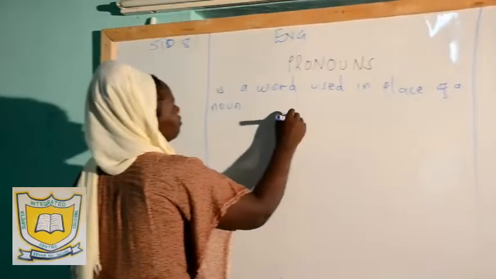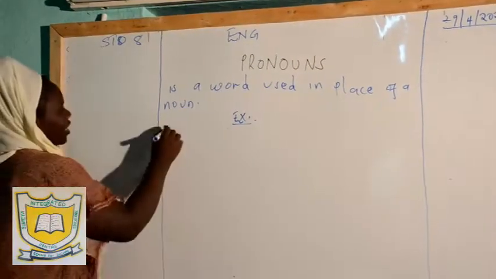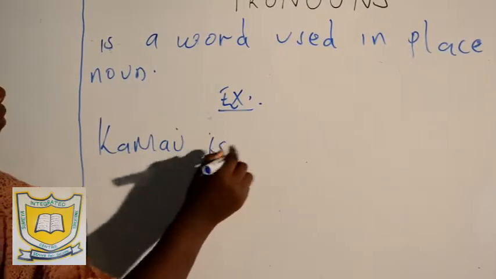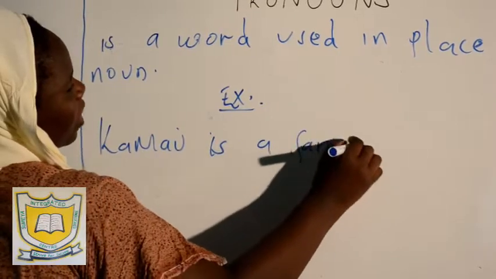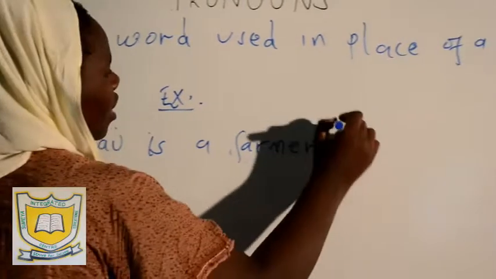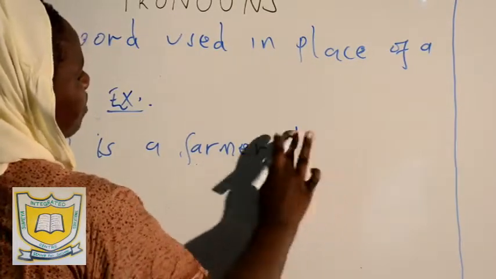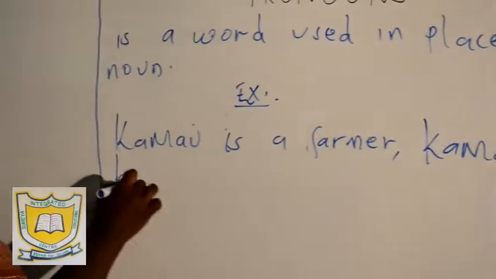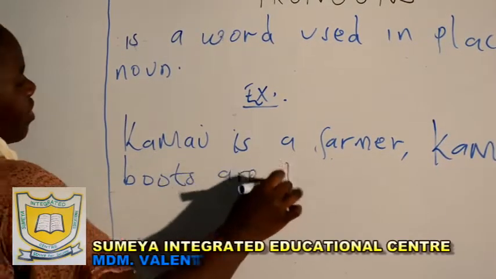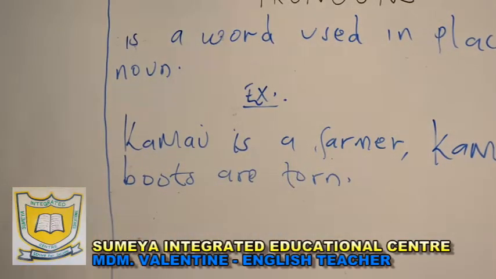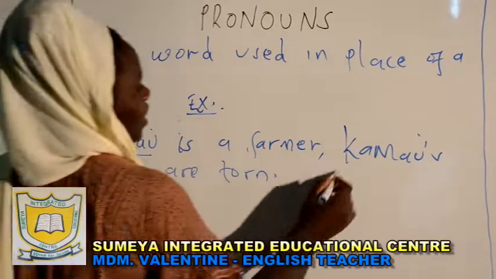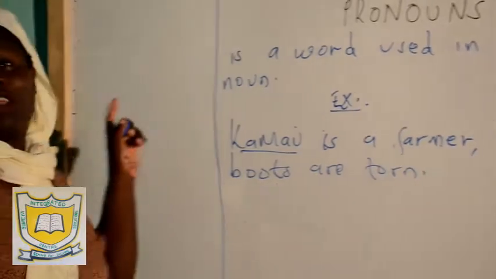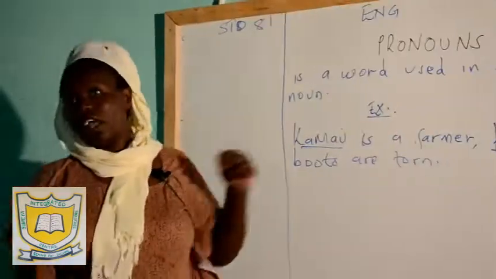Example, look at my sentence. Kamau is a farmer, comma, Kamau's boots are torn. Instead of repeating Kamau in my sentence, I can introduce a pronoun.